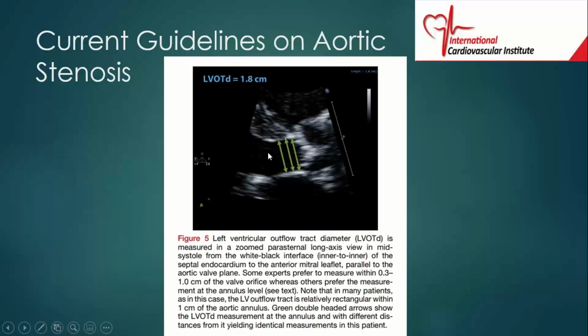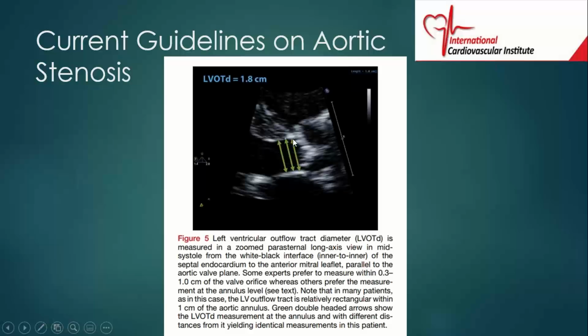I don't want to say controversy, but there is some debate as to where you should measure. But for most patients, the first 1 centimeter in the LVOT is usually parallel.